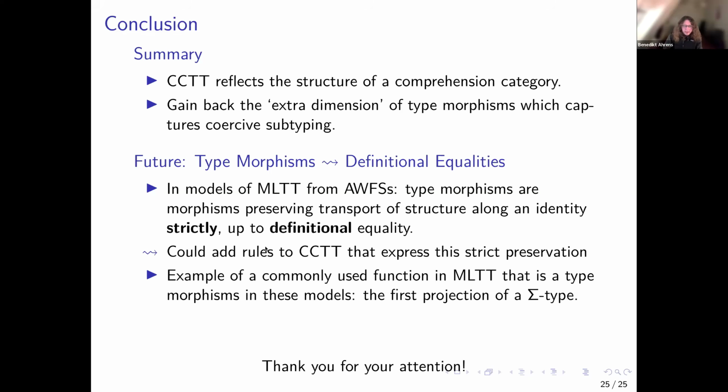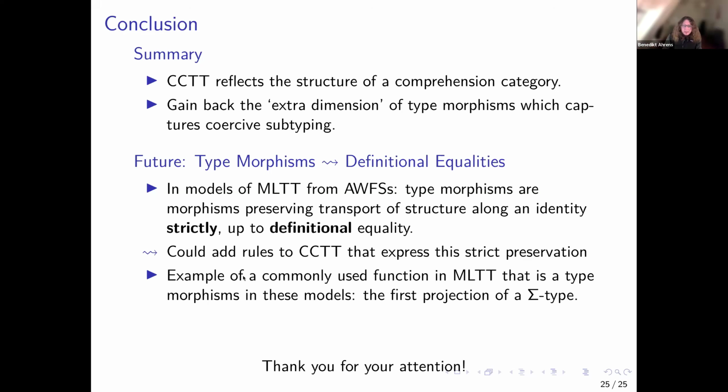And then, inspired by what happens in certain models, one could reflect this back into the language, and one could hence add rules to CCTT that express this strict preservation. That would sometimes be helpful, I think, in practice.